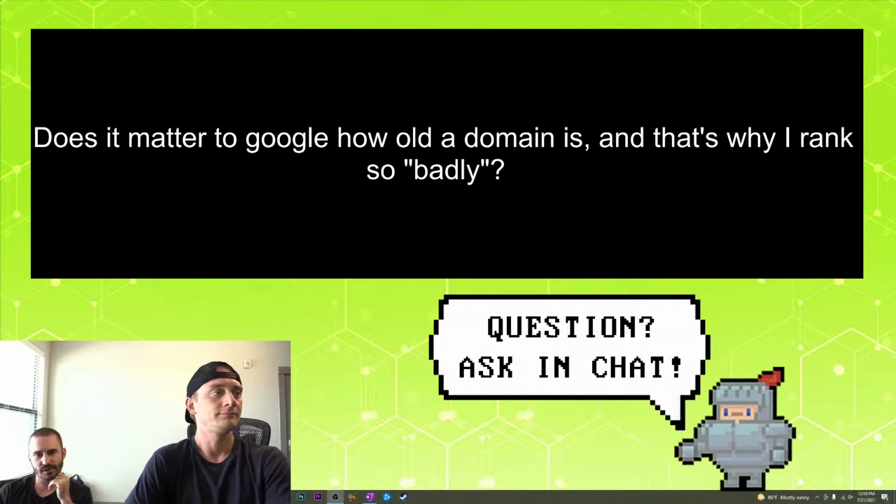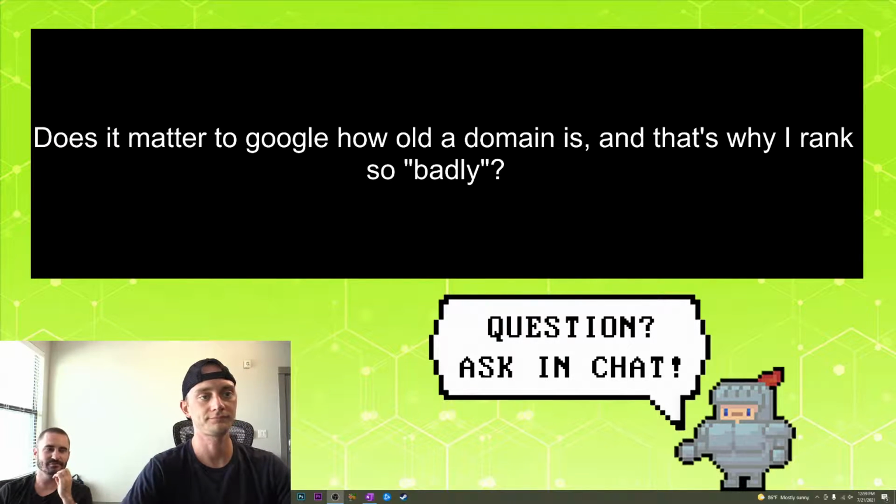But ultimately, it's factored in, but it's not going to have any real effect, unless maybe you bought a used domain that was completely spammed out, which is funny because you could even take those a lot of times and resonate well with them. But yeah, it's most likely not why you're ranking badly.